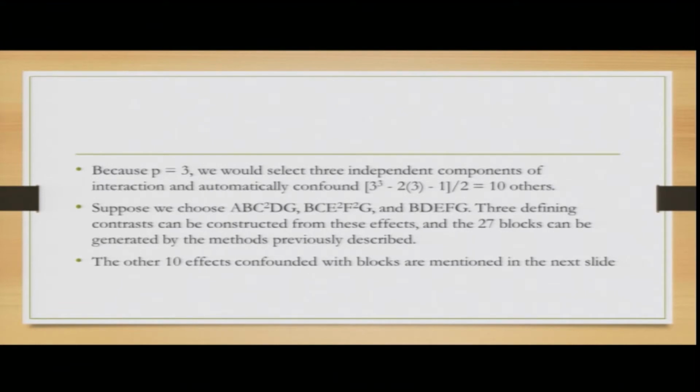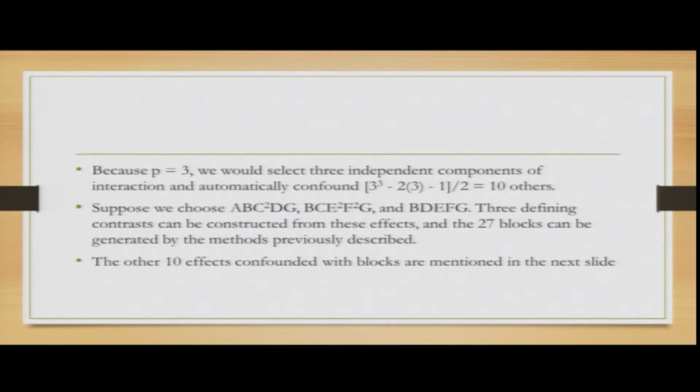Suppose, hypothetically, we choose the blocks as ABC squared DG, or BCE squared F squared G, and so on and so forth. So, 3 defining contrasts can be constructed from these effects, and the 27 blocks can be generated by the methods previously described, and we can do the partitioning likewise.